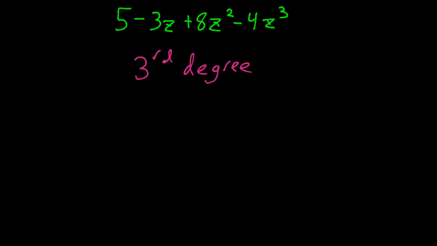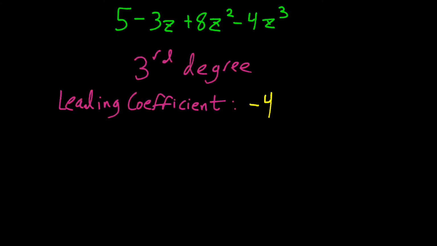Well, the leading coefficient is just the coefficient that is on the variable with the highest power. So since this is z to the third, its coefficient is -4, so the leading coefficient would be, you guessed it, -4. Now, it's always good to know this. We'll talk about this more in a future video, but there you go.